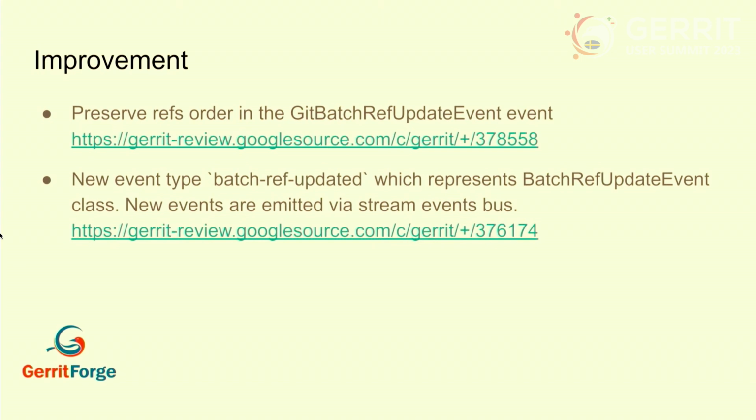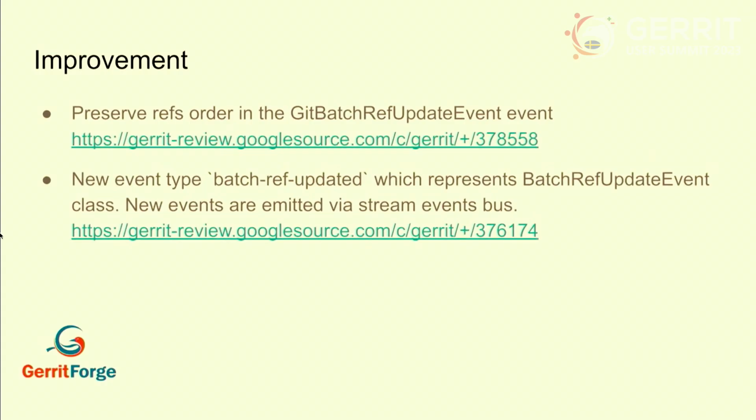But because of how the Git batch ref update event was implemented, we can end up in a situation where this order is mixed in the event itself. So when you're listening to those events, there is a chance that first you're going to process the meta ref and then the patch set, so your change can be in an inconsistent state for some time.